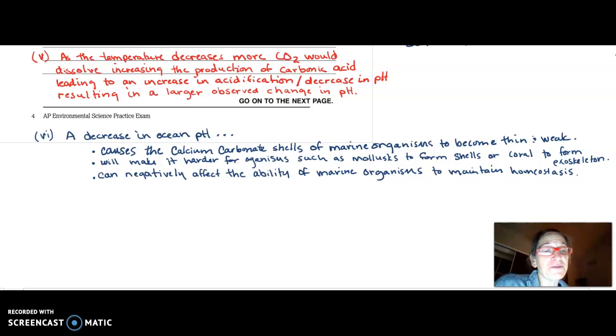Or finally, you could be as general as saying a decrease in ocean pH can negatively affect the ability of marine organisms to maintain homeostasis. Now that's pretty vague, but you're using a key word there, homeostasis, so they would like it.